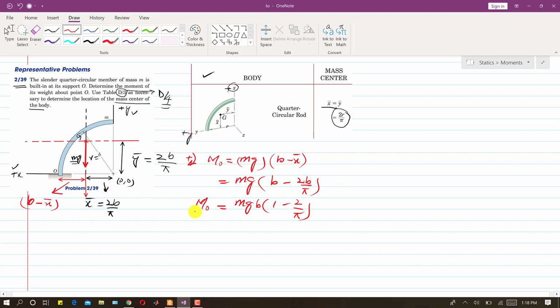This is the moment about O, and we can see that this weight is producing a clockwise moment. So the direction of this moment is clockwise. This is the answer for this problem 239, 7th edition.